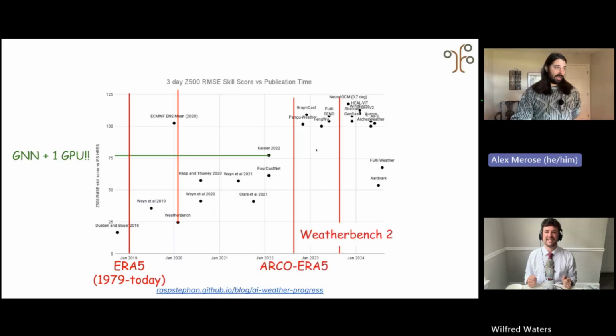After ARCO-ERA5 is released, you see Pangu-Weather, GraphCast, FengWu, FuXi, a bunch of other models that are doing about as good as ECMWF's model, using maybe 1,000 or something in that order less compute, and performing about as well as these models that have been developed for 60 years that model atmospheric physics in the entire climate system.